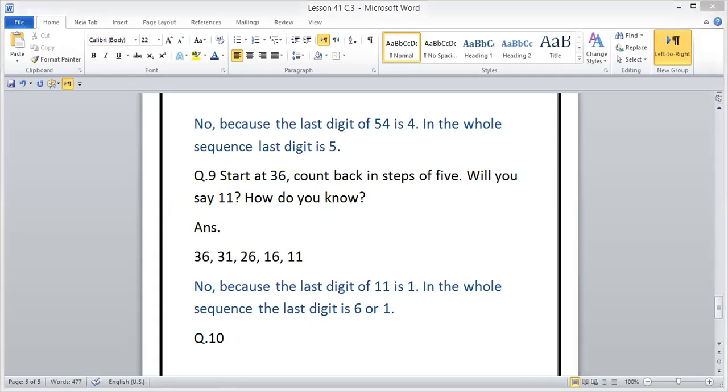Start at 180. Count back in steps of 10.